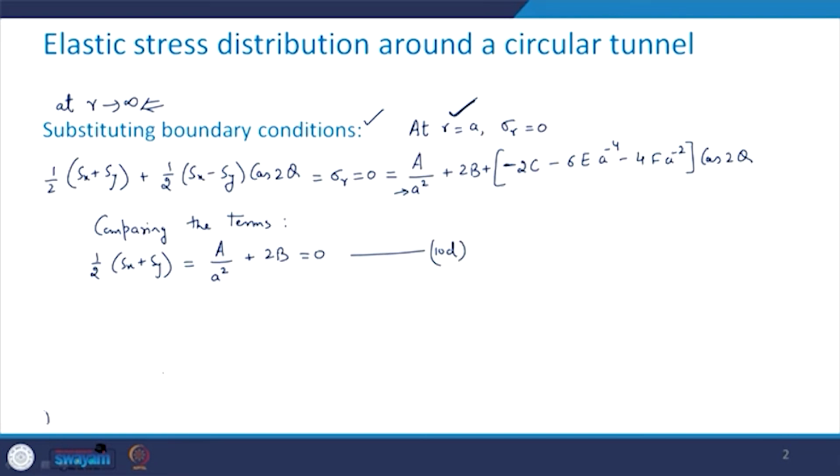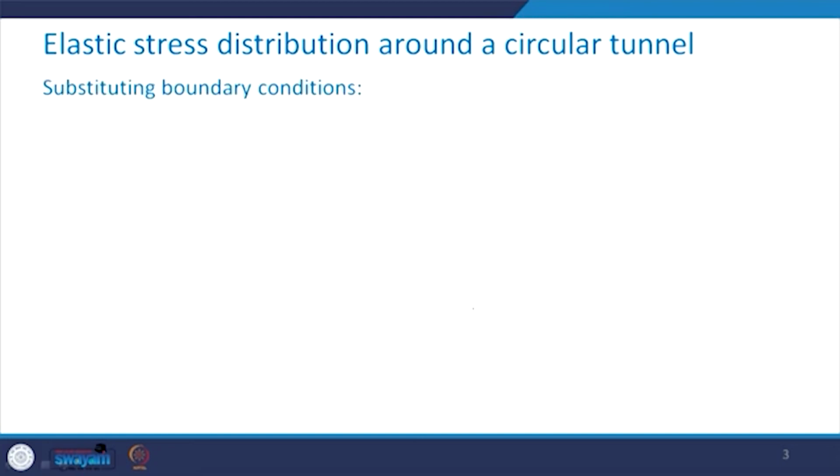We already had 10a, 10b and 10c from the previous class, and then you will have the next term, which is minus 2c minus 6e a to the power minus 4 minus 4f a to the power minus 2, equal to 0, that is equation 10e. What will happen at r equal to a to tau r theta?